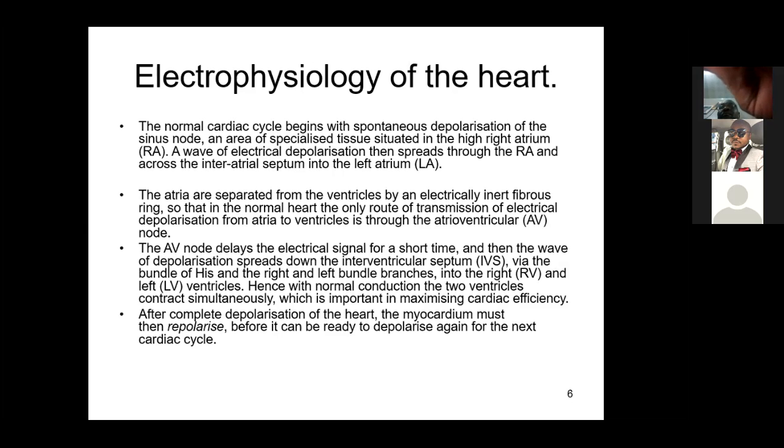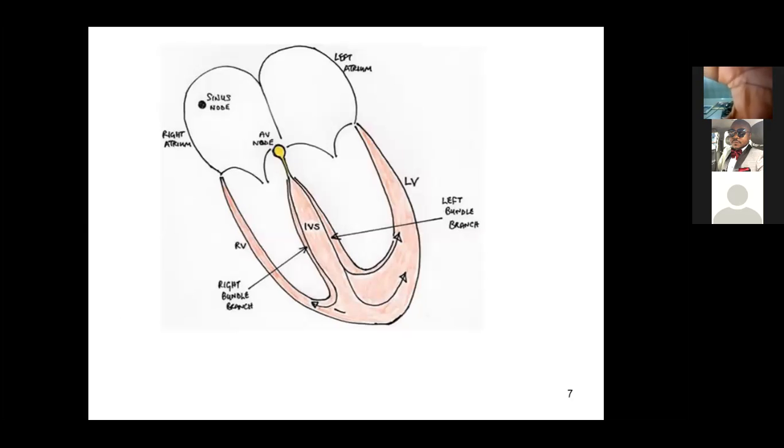After complete depolarization of the heart, the myocardium must repolarize before it can be ready to depolarize again for the next cardiac cycle. This is a diagrammatic view of what I was just saying. We have the sinus node, which depolarizes both the right and left atrium, and through the AV node, depolarizes the right ventricle and the left ventricle, initiating contraction and enabling the heart to work as it does.